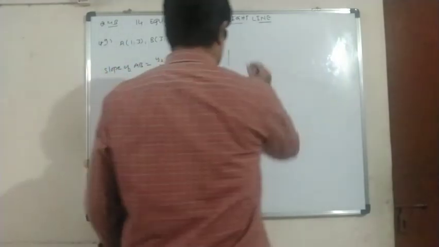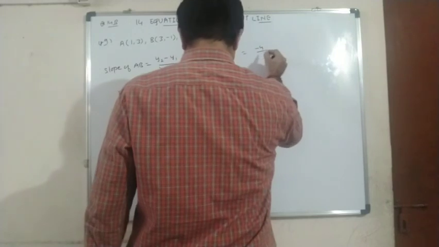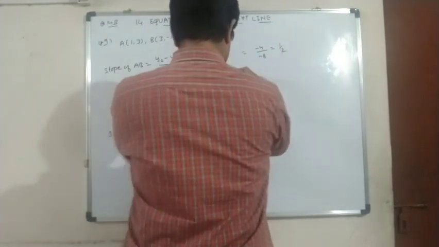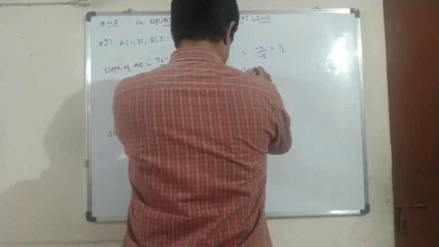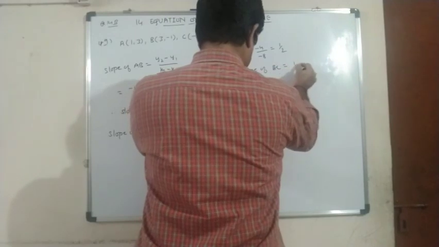Okay, so we will write -5 plus 1 will be -4, and -8, which is equal to 1/2. So we got the slope of line BC to be 1/2.